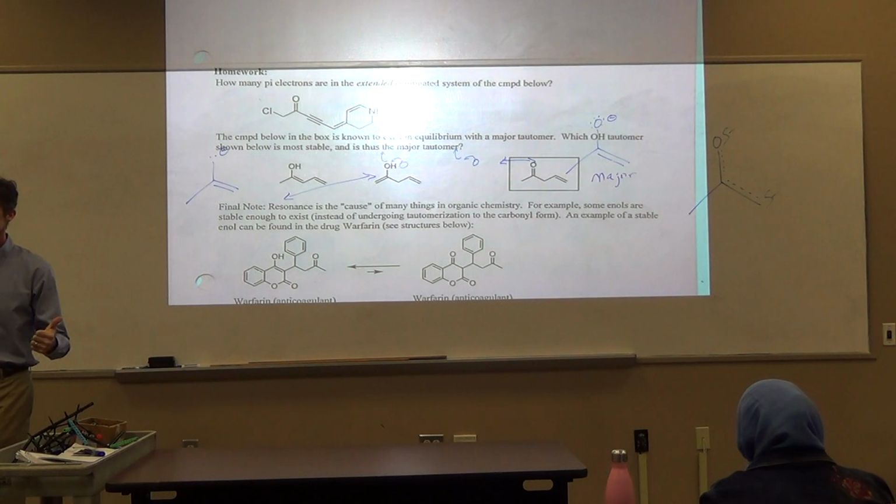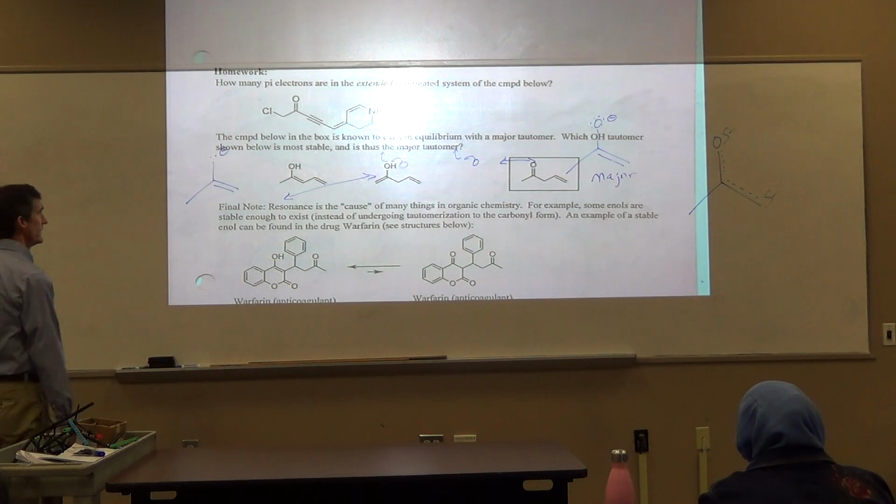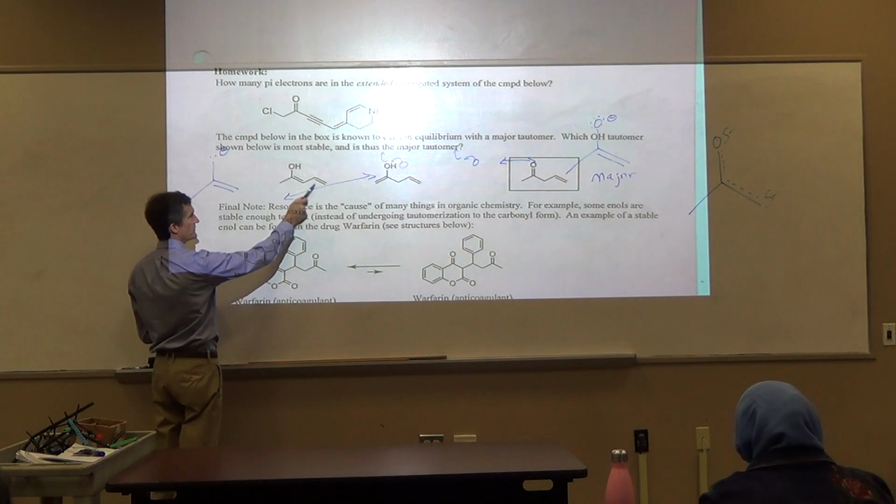Didn't we say conjugation is better than none? That's where we began the handout where we talked about heat of hydrogenation, conjugated diene versus non-conjugated diene. Essentially, the one on the left is a conjugated diene, the one on the right is a non-conjugated diene. I mean, the answer should be pretty straightforward. How many electrons in the pi system over here?